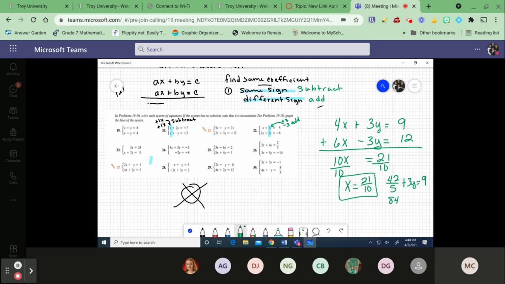So 8.4 plus 3y is equal to 9. Subtracting that 8.4, 3y is equal to 0.6. Dividing by 3, y is equal to 0.2. Yeah, that makes sense.